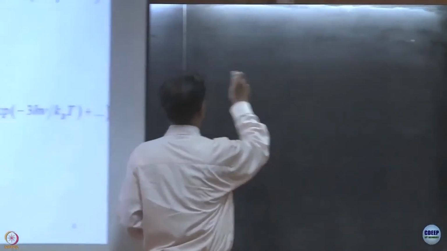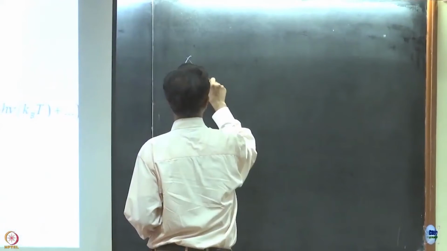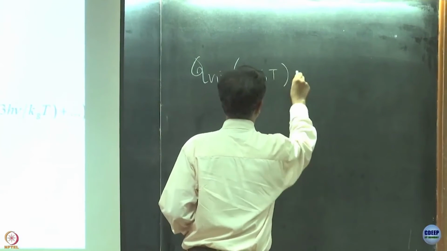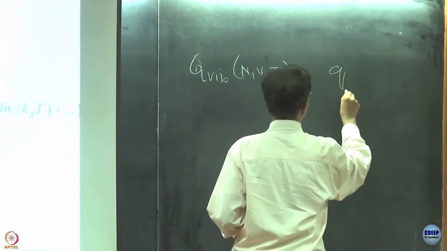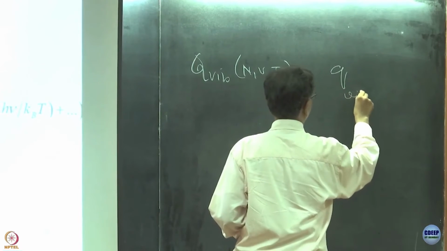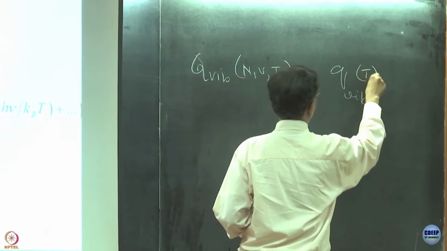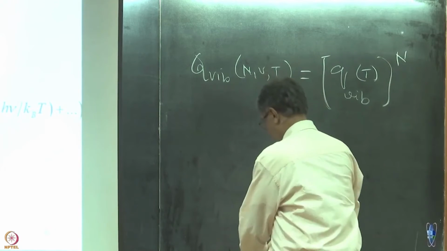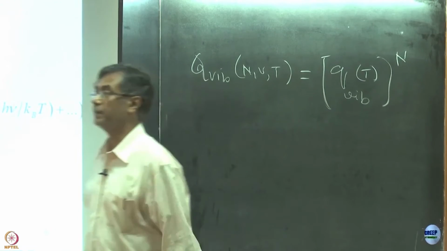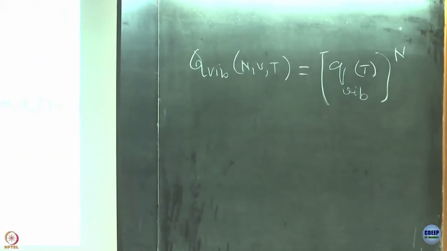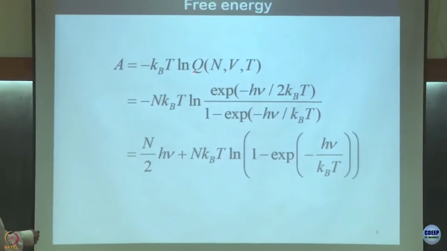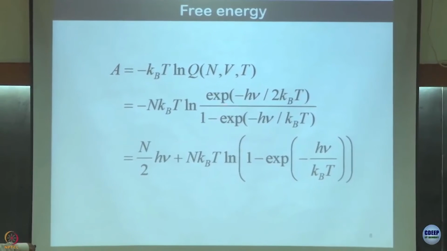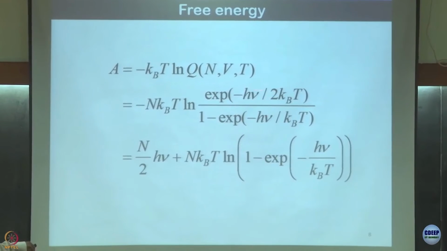So capital Q vibration NVT is Q vibration to the power n. So if that is the case, then ln Q, that n comes in front, n kBT, ln this quantity.